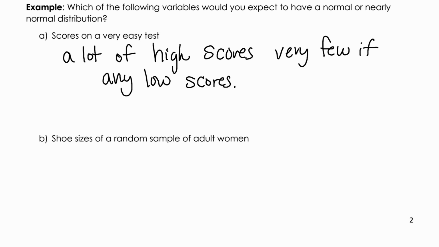The graph of that, if I graphed where I have 100% over here, 0% over here, most of my values would be high. So most of my values would be over here, and then I would have a few low values close to 0, if any. So I would say that this data set would be skewed left.